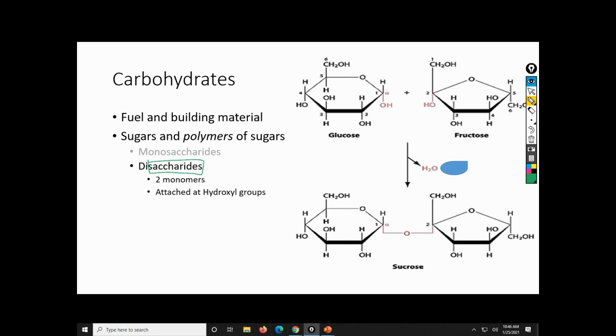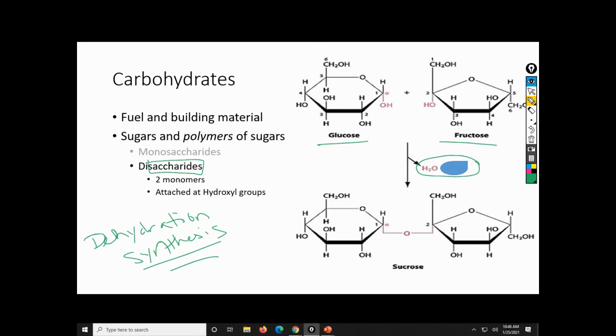Good. Right, I have two, 1, 2 that I'm starting with. Right, I'm dehydrating. I've taken water out to create one bigger molecule.